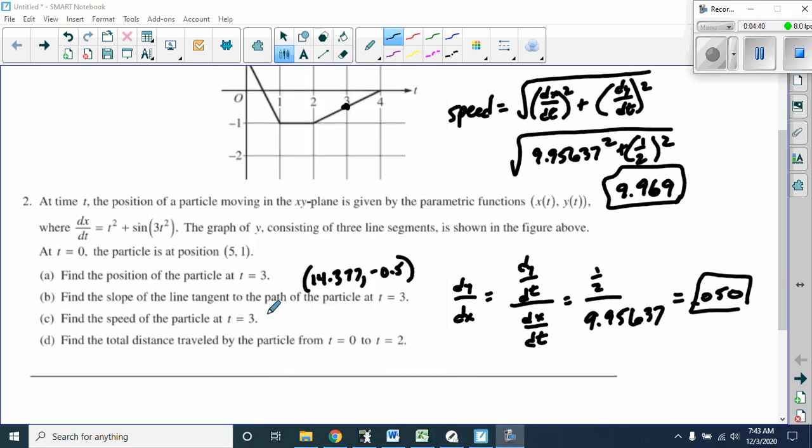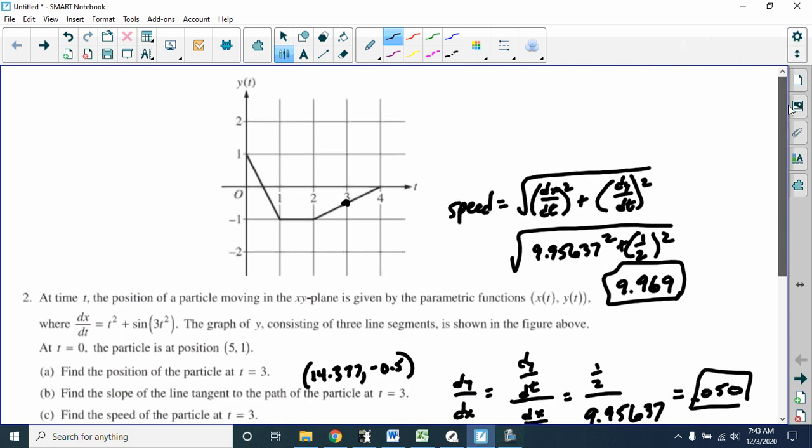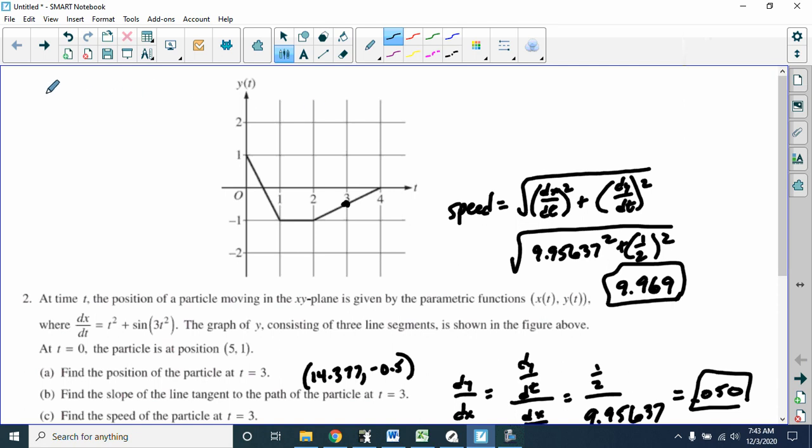And finally, part D wants the total distance traveled by the particle from time 0 to time 2. So total distance traveled is the integral of speed. So we want to integrate from 0 to 2 the square root of dx/dt squared plus dy/dt squared.